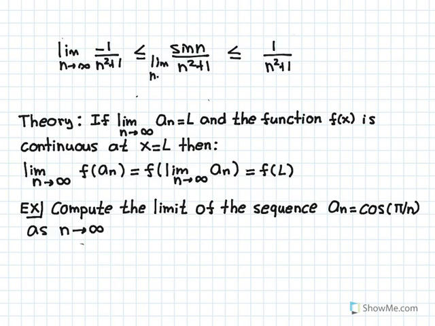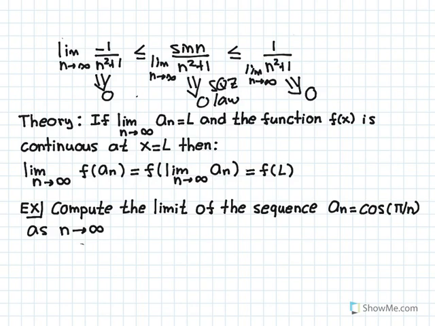We showed that the limit of negative 1 over n squared plus 1 is simply 0 because you're dividing by infinity. Negative 1 over infinity is 0. And we also showed that for the same reason, the limit of 1 over n squared plus 1 is also 0. That means the limit of an, which is sine n divided by n squared plus 1, has to be 0 by squeeze law.